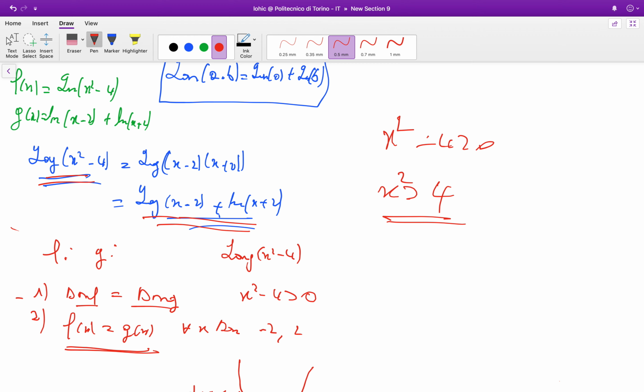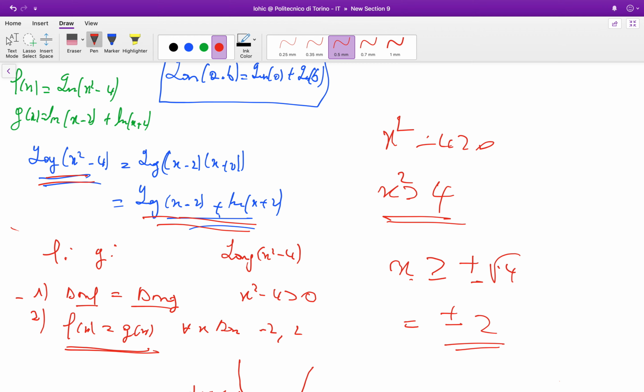Yes, x squared greater than 4 will give you x greater than or equal to plus or minus root 4, which means plus or minus 2. But saying x is greater than plus or minus 2 would mean x greater than 2 and x greater than minus 2, but that's not the case here.